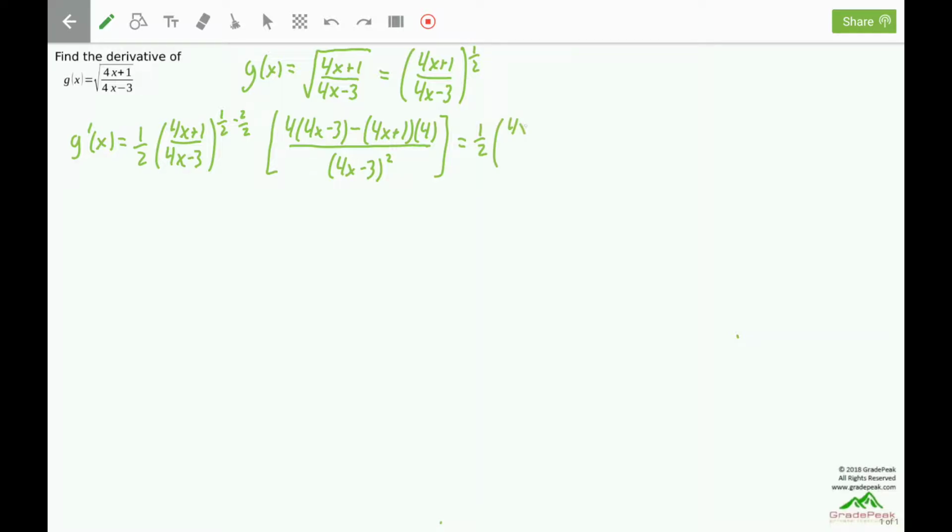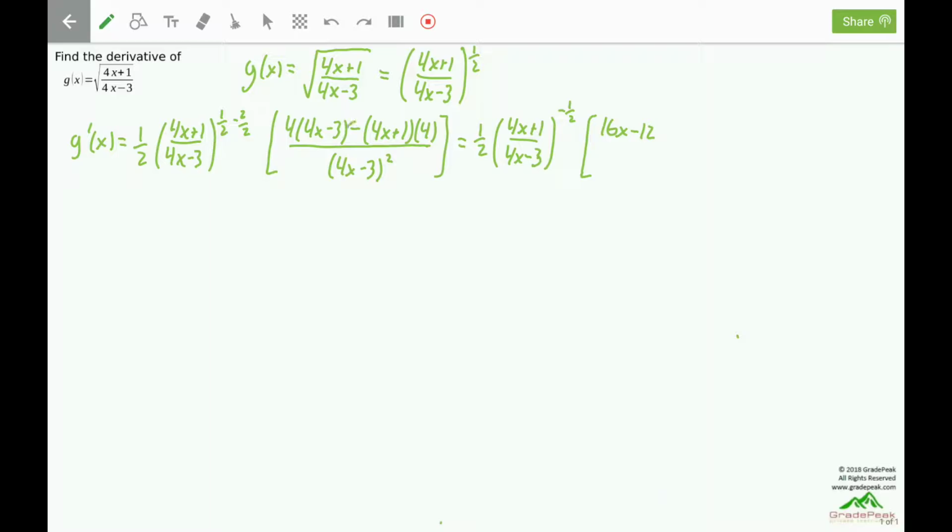So now we have 1/2. We have a 4x plus 1 over a 4x minus 3 to the 1 minus 2, or negative 1/2. And we have this multiplying in here. Now what I'm going to do in here is distribute the 4 in all of this. So that'll be a 16x minus a 12.